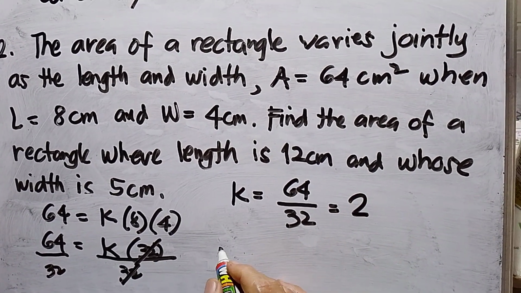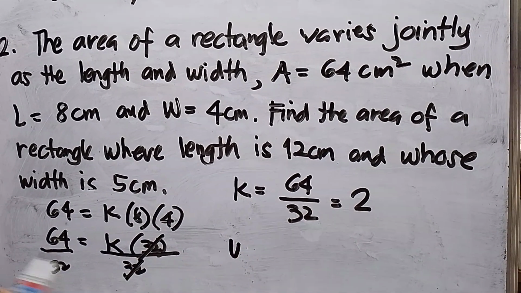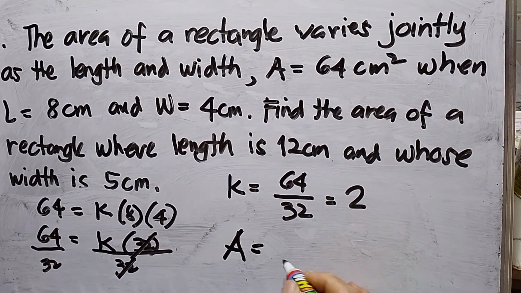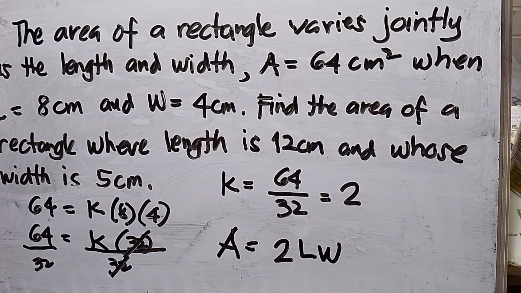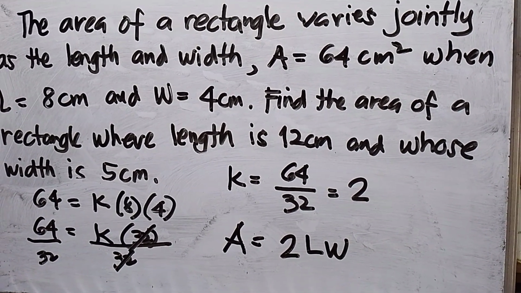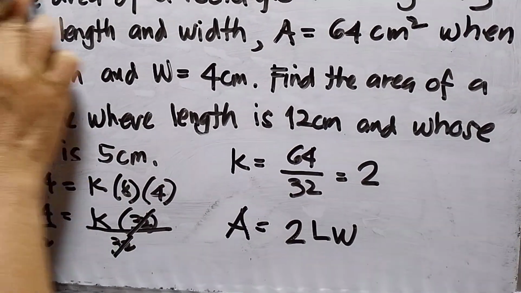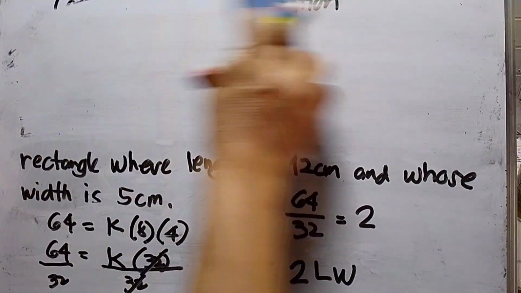So my equation for this example will be A is equal to K, which is 2, times length times width. But the question is to find the area of a rectangle where the length is 12 centimeters and the width is 5 centimeters.